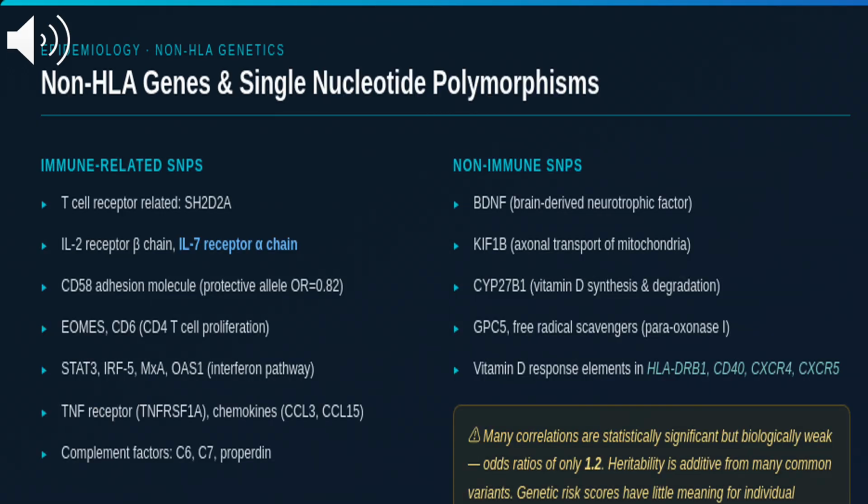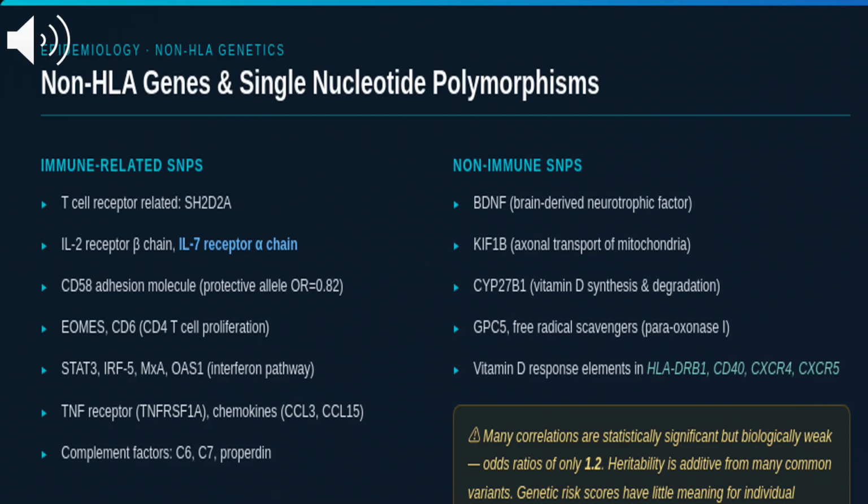Beyond the HLA system, genome-wide association studies of thousands of MS patients have identified a rich catalog of single nucleotide polymorphisms that influence MS risk or disease course. These findings are scientifically important, even though individual effect sizes are modest.